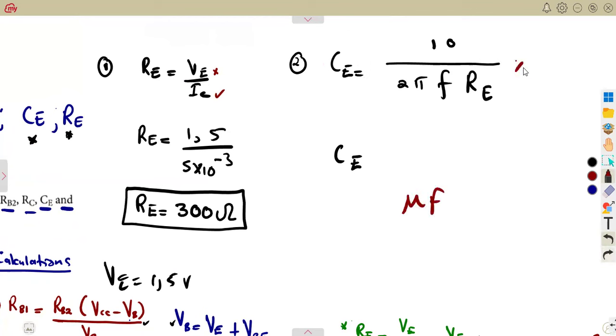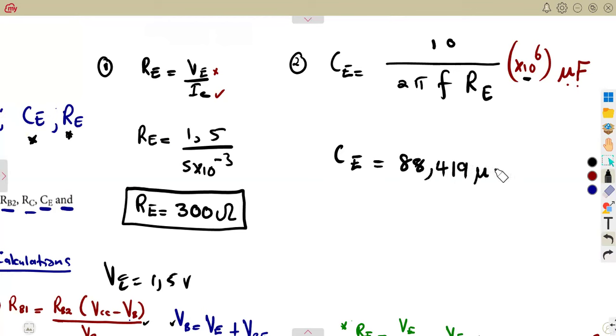You can simply multiply your answer by 10 to the exponent of 6, so that your answer will automatically be in microfarad. Whatever you get, just multiply it by 10 to the exponent of 6. It is going to give you 88,419 microfarad.